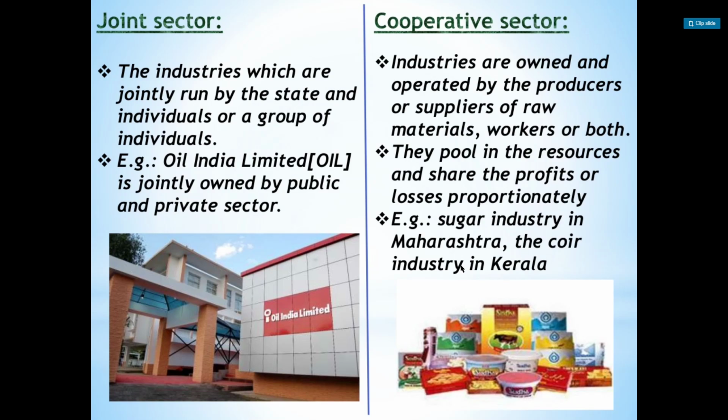Example, Oil India Limited is jointly owned by the public and private sector. See, it is jointly owned by public and private. Both are involved in this. And in the cooperative sector, they pool in the resources and share the profits or losses proportionately. For example, the sugar industry in Maharashtra, the coir industry in Kerala. So these industries come in the cooperative sector.